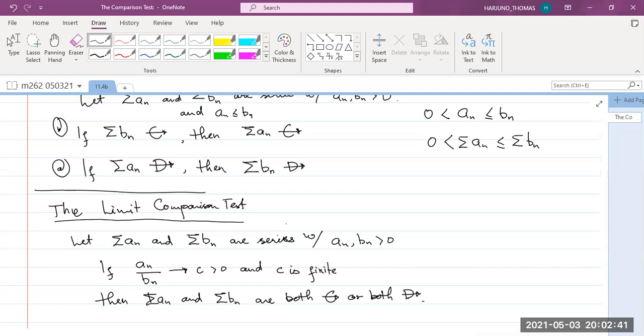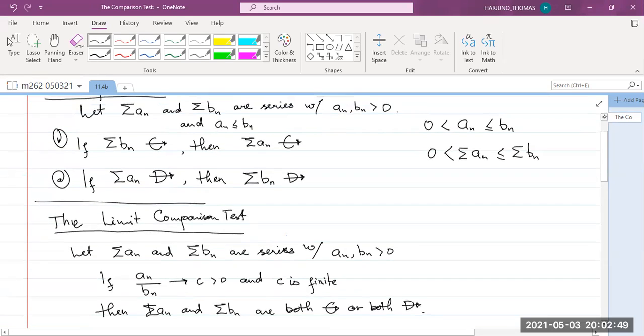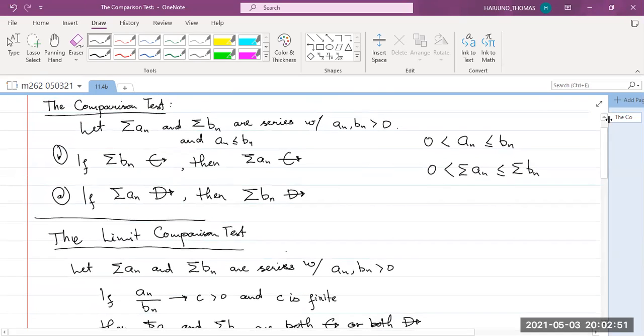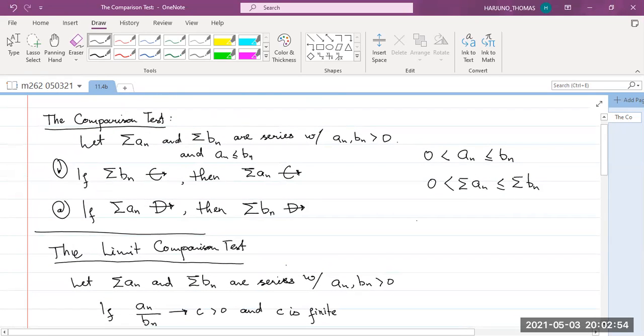Now, we usually use this limit comparison test if the comparison test doesn't work but is very close. For example, the series of 1 over n is harmonic, so we know it's divergent.